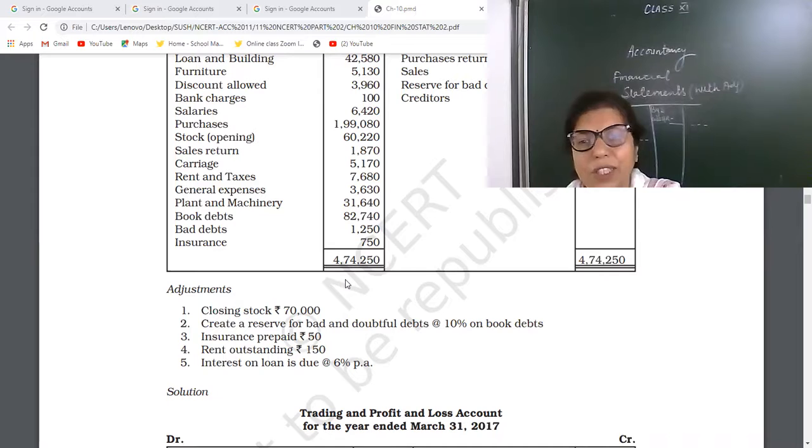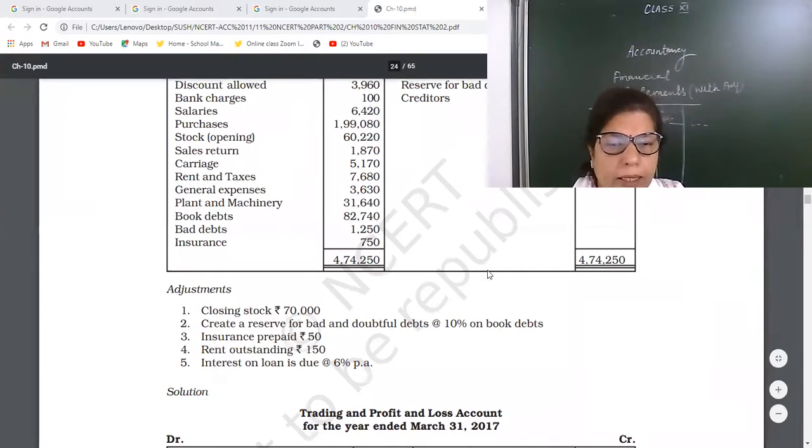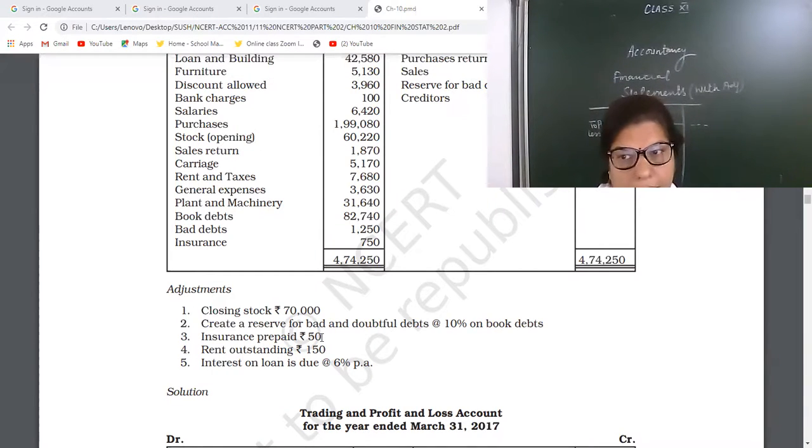You can see your table. That's why minus in debit side, because this is not related with the current year, and it will be shown on the asset side. This is the asset for the businessman.